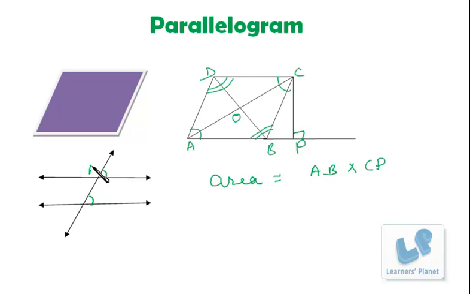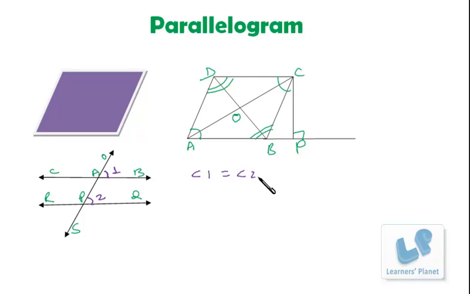Okay, I will name all the angles here. Now this angle OAB, this angle and this angle, both of them will be corresponding angles. Suppose I name them as angle 1 and angle 2.